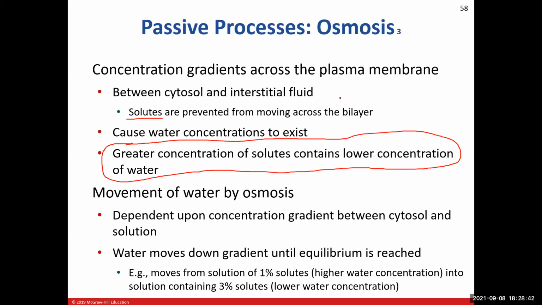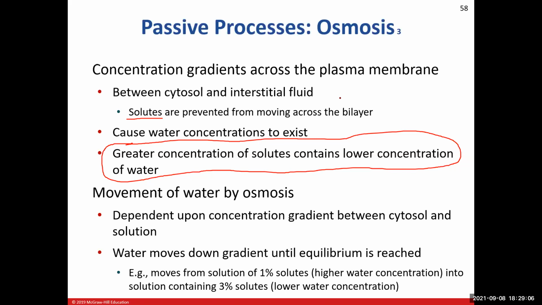So now, let me go back to what osmosis is. It's the movement of water across a semi-permeable membrane, and water is going to move from an area of high water concentration to an area of low water concentration. I'm going to repeat that.